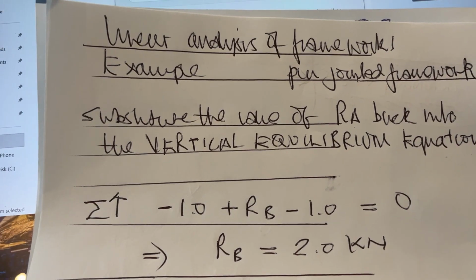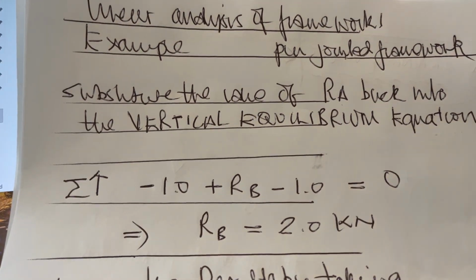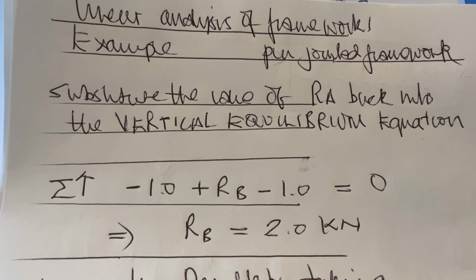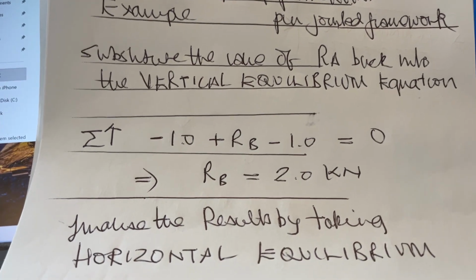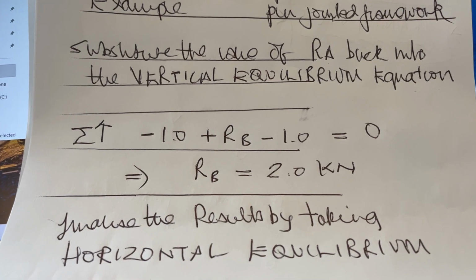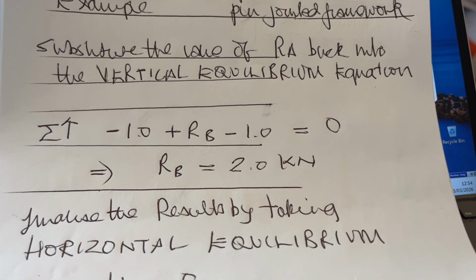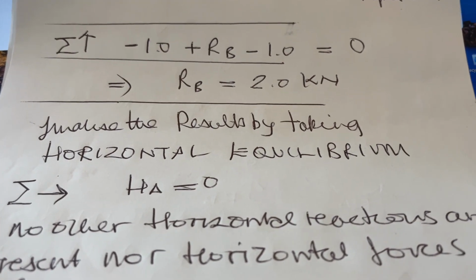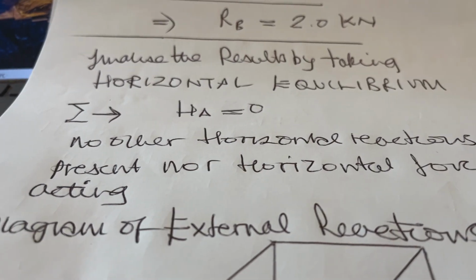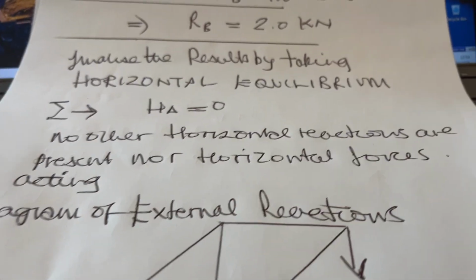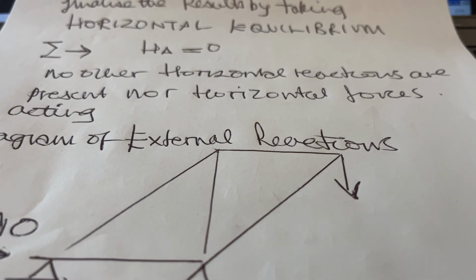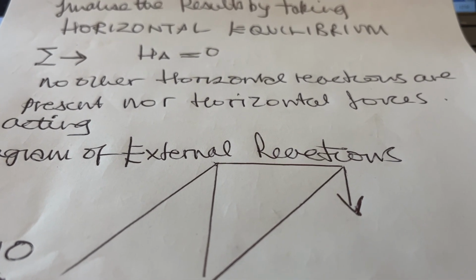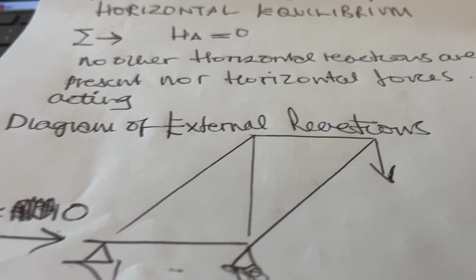Now substitute the value of RA back into the vertical equilibrium equation. Vertical: RA minus 1 plus RB minus 1 equals 0, therefore RB equals 2. Finalize the results by taking horizontal equilibrium, HA equals 0. No other horizontal reactions are present, no horizontal forces acting.